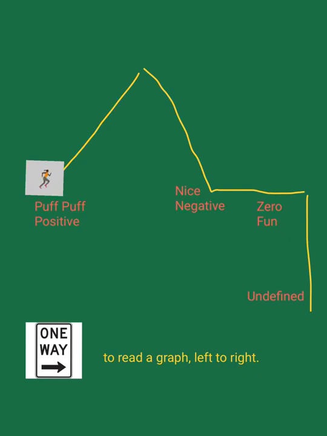My runner is going to start going up the graph, and as she goes, it's hard work, and she says, puff, puff, positive. So when you have a line that goes up like this, we say that is a positive slope.